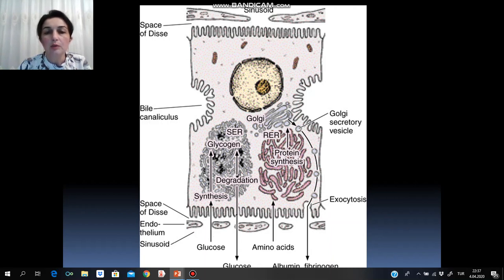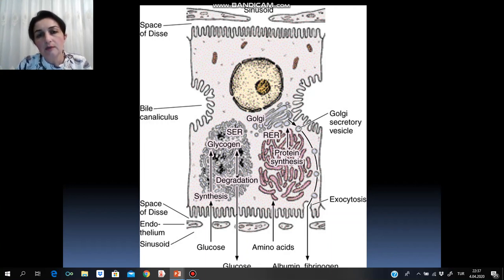Then it participates in the metabolism of carbohydrates. It takes up glucose, produces glycogen. Then when it is needed, for example, during fasting, glycogen is broken down and the needed glucose will enter the blood circulation. Also, hepatocytes participate in lipid metabolism. It produces lipoproteins, and so on.